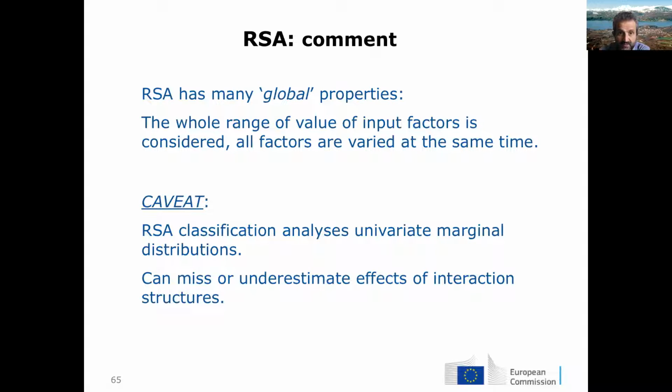More formally, this means that the sensitivity test of Monte Carlo filtering is a sufficient test, but not necessary. It means that there might be nasty problems where RSA doesn't identify a parameter, but in fact there is a seventh order interaction where an apparently irrelevant parameter matters.